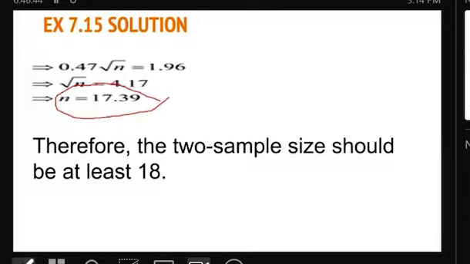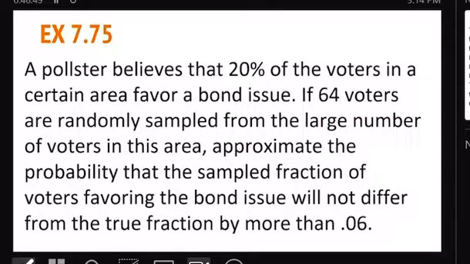I want to go into the next question. A pollster believed that 20% of the voters in a certain area favor a bond issue. If 64 voters are randomly sampled from the large number of voters in this area, approximate the probability that the sample fraction of voters favoring the bond issue will not differ from the true fraction by more than 0.06.